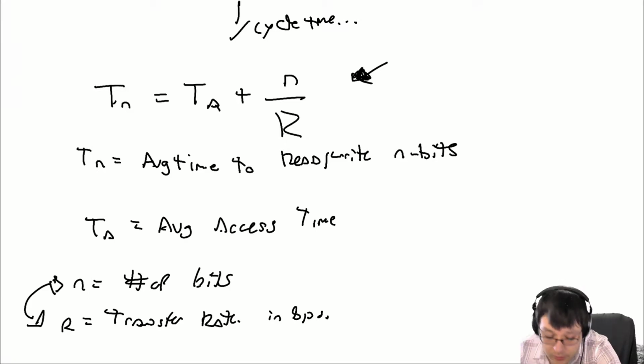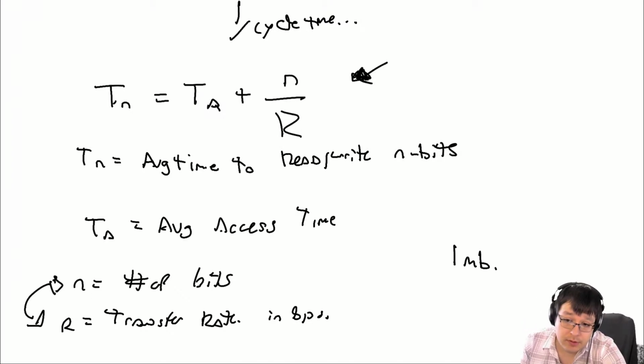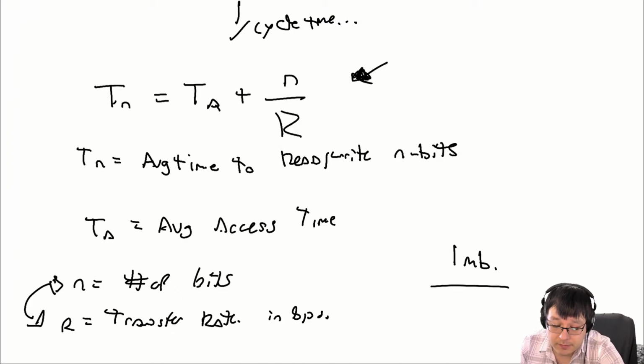So for example, suppose that you're trying to transfer 1 megabit. How much is 1 megabit? That can be 1,000 kilobits per se. And suppose that your transfer rate is, well, here, I don't want to do hard math.